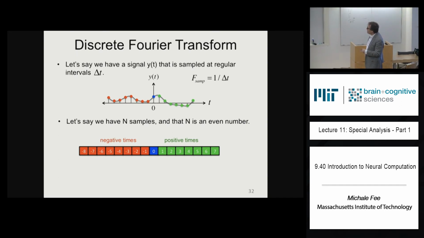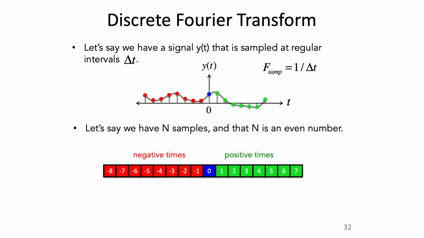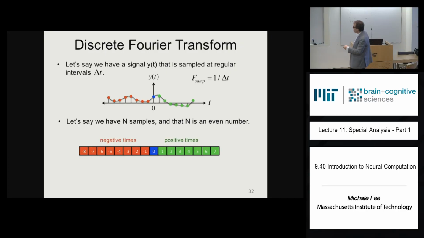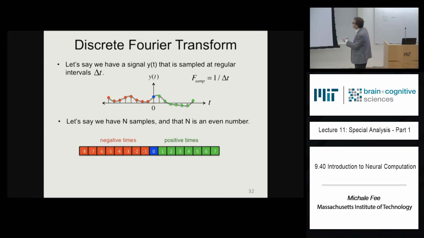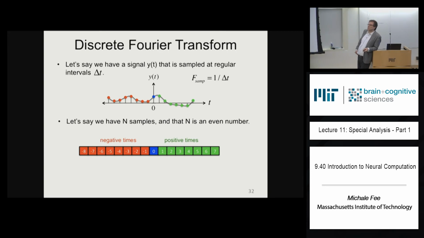And we're going to imagine that our samples are acquired at different times. Let's label the time steps minus 8, minus 7, minus 6, with time step 0 in the middle, up to time step 7. And we're going to say that n is an even number. The fast Fourier transform works much, much faster when n is an even number, and it works even faster when n is a power of 2.